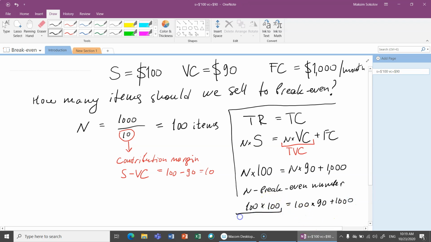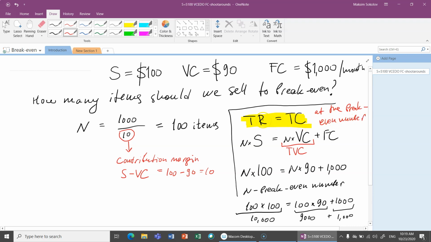So 100 times 100 is 10,000, and 100 times 90, that's your total variable cost, will be 9,000 plus $1,000 that you have for your fixed cost, and it's also $10,000. So total revenue equals total cost at the break-even number of units.